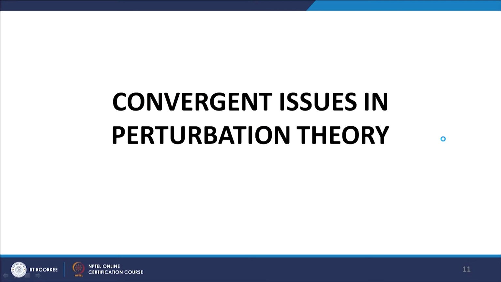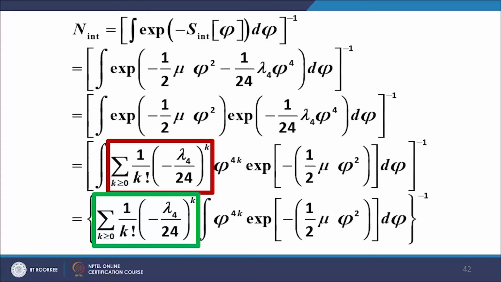Now, let us revert to the issue that I had raised in my earlier lecture, and even in this current lecture at the beginning, when we flipped the summation and the integral sign. Let us go back to that expression. What we had done was that we had two terms in the interaction. The first was the free field term and the second was the interaction term.